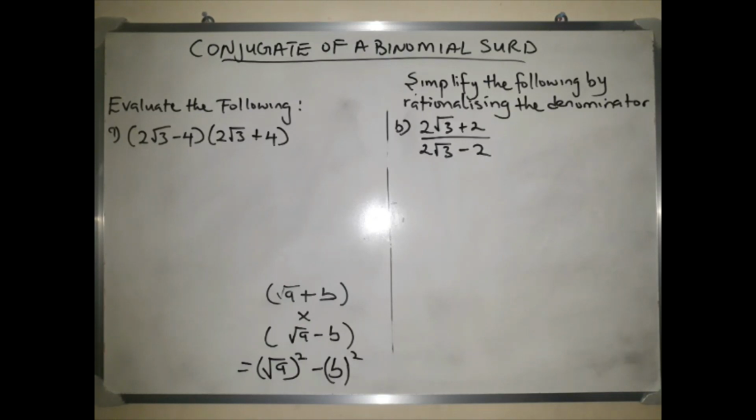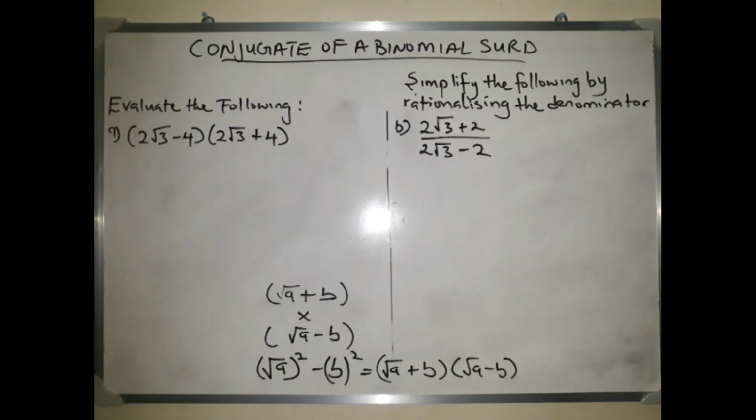Now in difference of two squares, we have, it's already here on the board, a squared minus b squared, which is equal to a plus b in brackets times a minus b also in brackets. This is the formula for difference of two squares.